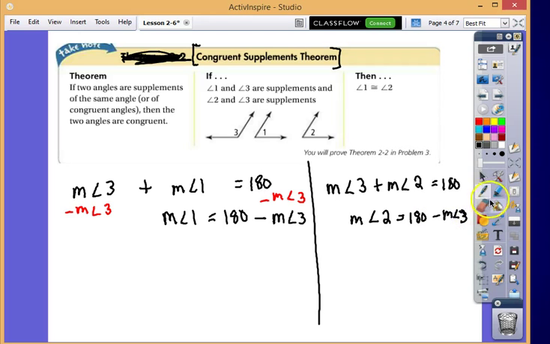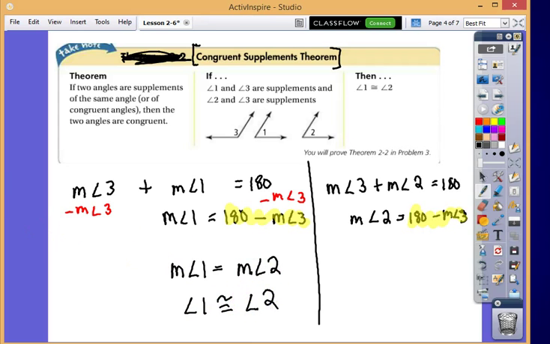Holy smokes, look at this. This right here is the exact same thing as that right there. So by substitution, if I replace 180 minus the measure of angle 3 with the measure of angle 2, which I can do because the measure of angle 2 actually equals that, and substitution lets you replace one thing that equals it with another, I would come up with the measure of angle 1 is equal to the measure of angle 2. And if they're equal, it means they're congruent by the definition of congruency.